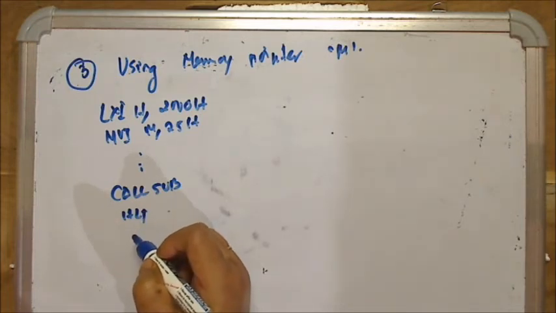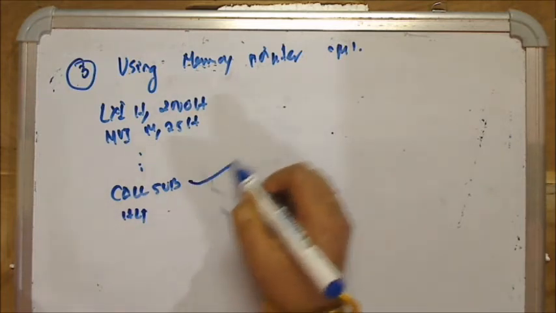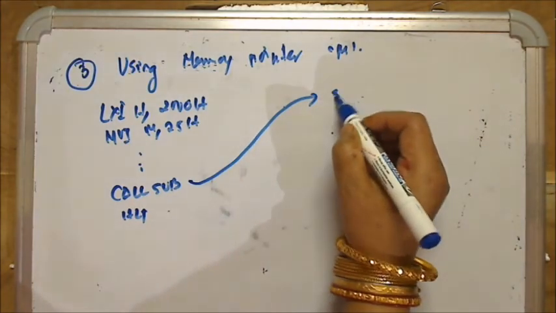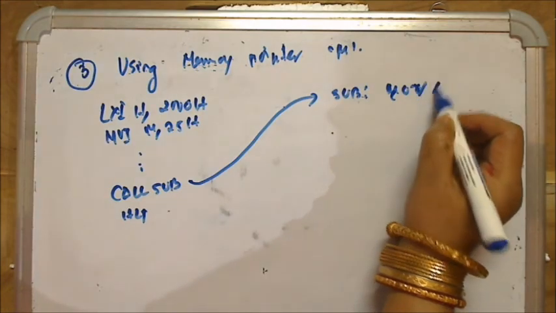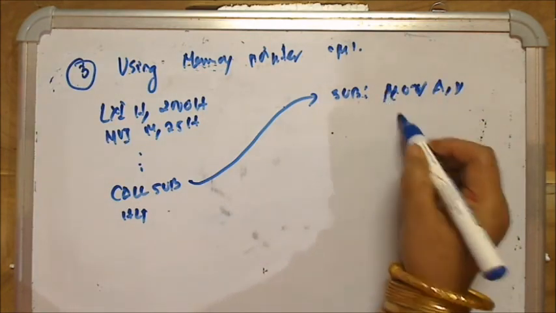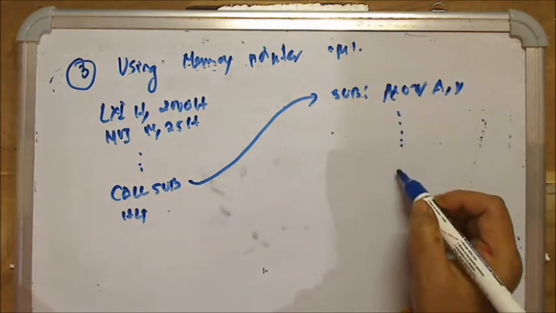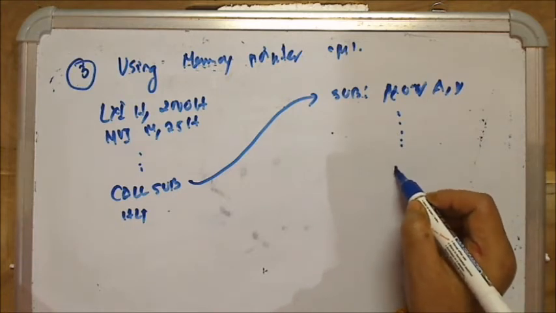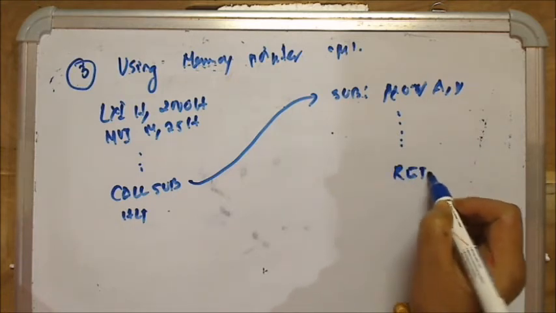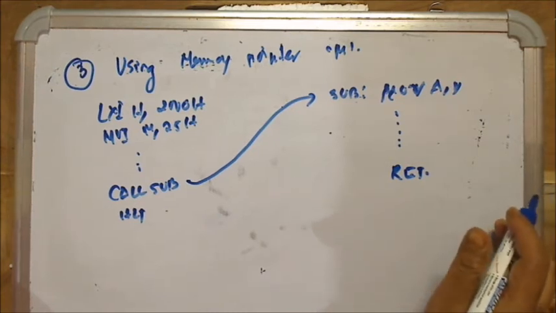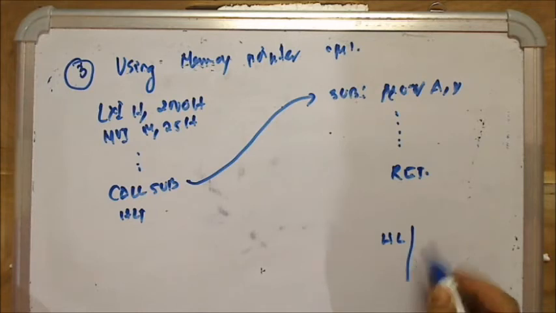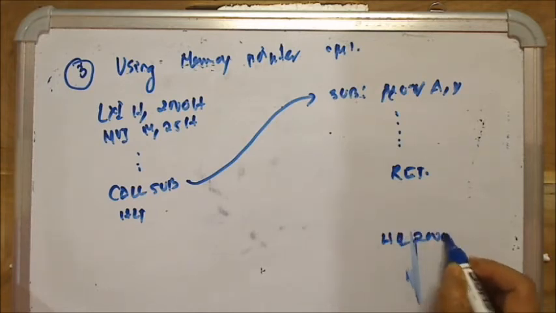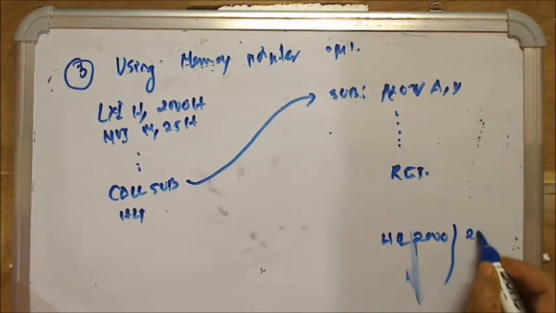In the subroutine: MOV A, M, and then return. Now you see HL holds 2000, and this is 25H.